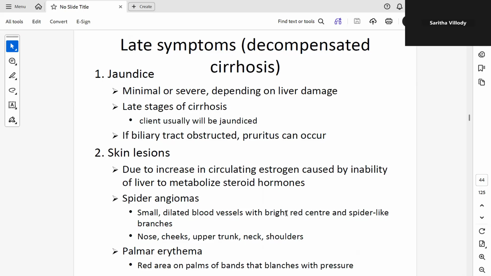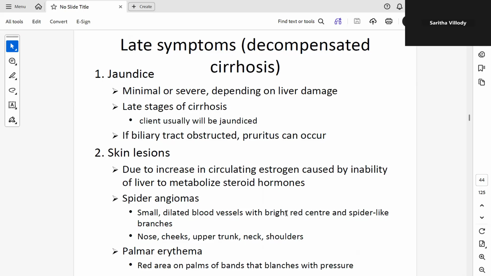These are red, elevated blood vessels which you can see branching out, and they happen on the cheeks, upper trunk, everywhere in the body. Another name for spider angiomas is telangiectasia. You don't have to learn the name; you can just learn spider angiomas. But if you are interested in learning the fancy name, it's otherwise called telangiectasia.